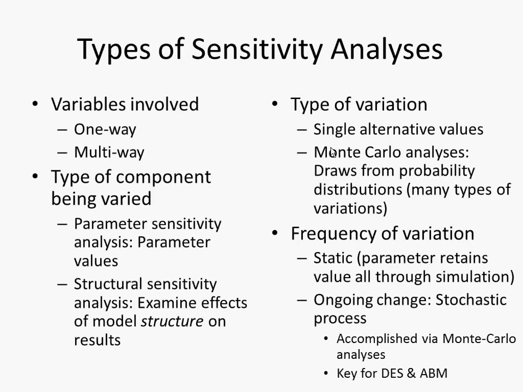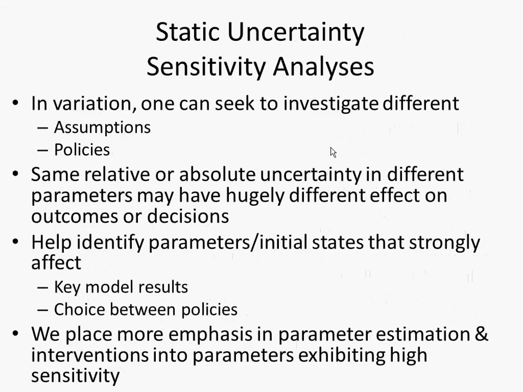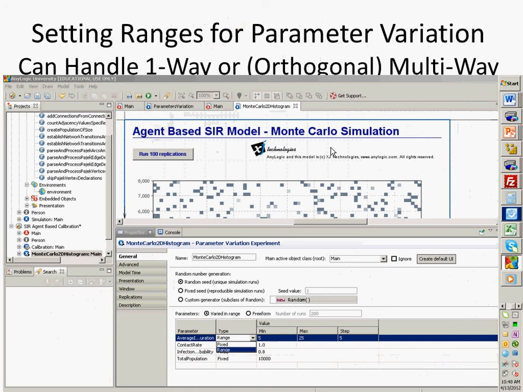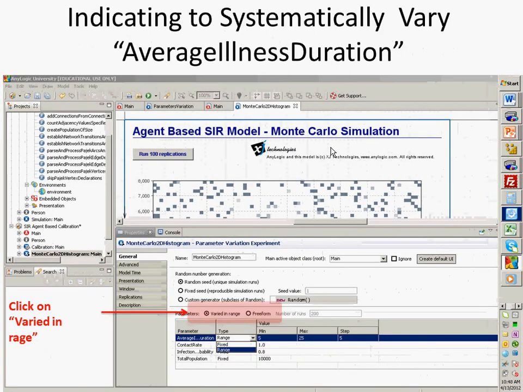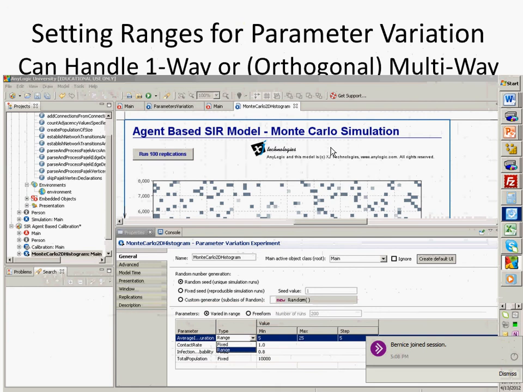Okay. So we talked about model uncertainty and about model results, and we've gone through some of the structures and settings that AnyLogic provides to allow us to perform sensitivity analyses on these models.